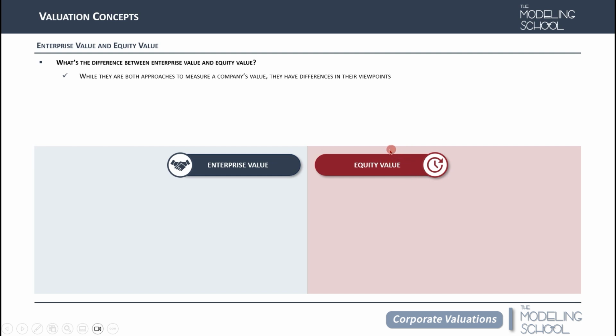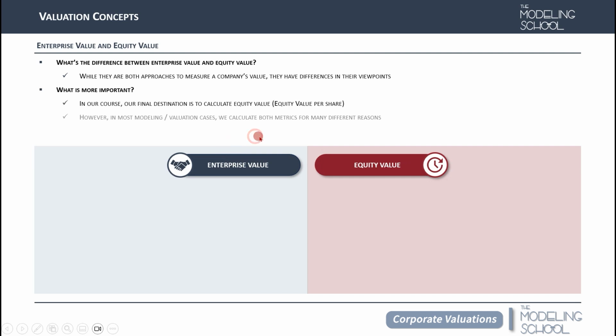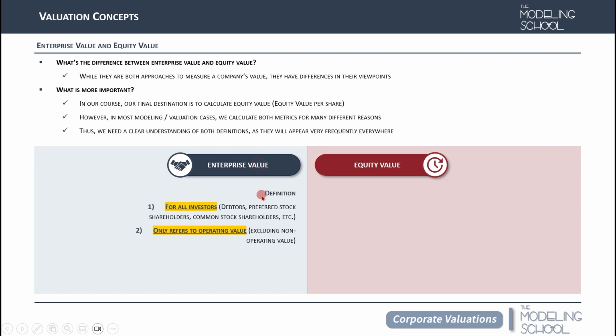However, for various reasons I'll explain later, enterprise value is unavoidable when performing company valuations. Enterprise value and equity value differ in two key aspects. Let's start with the definition of enterprise value. Enterprise value represents the operating value for all investors.